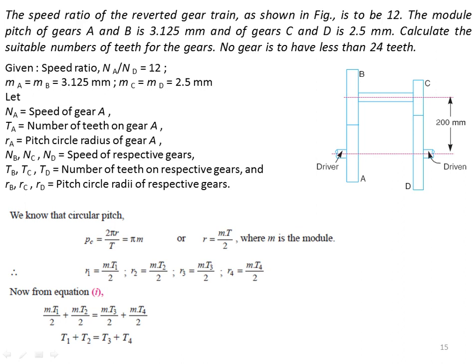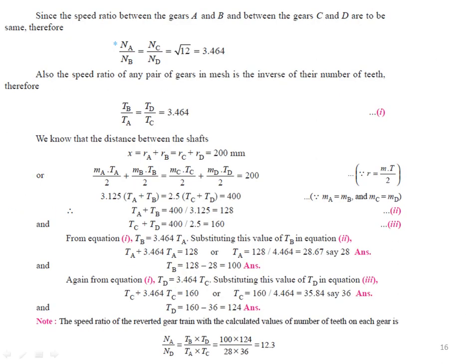So similarly R1 will be MT1 by 2, R2 will be MT2 by 2, R3 will be MT3 by 2, R4 will be MT4 by 2. So from this you can get T1 plus T2 is equal to T3 plus T4. That only we have seen in the last case.